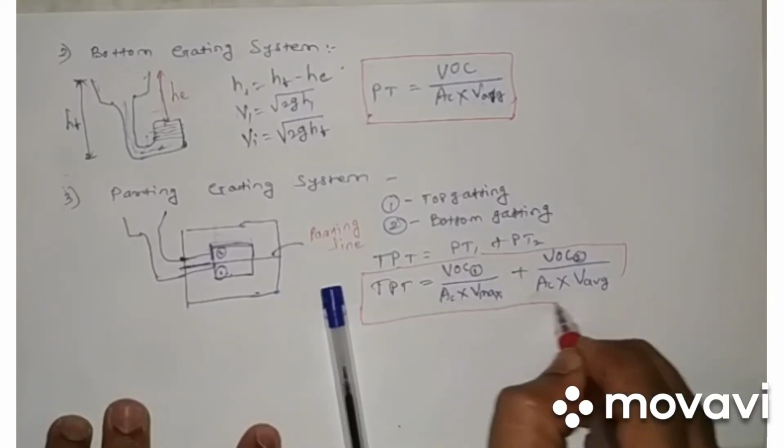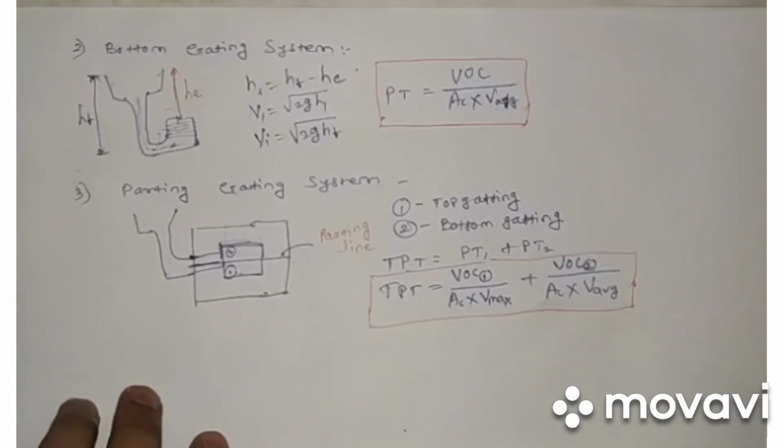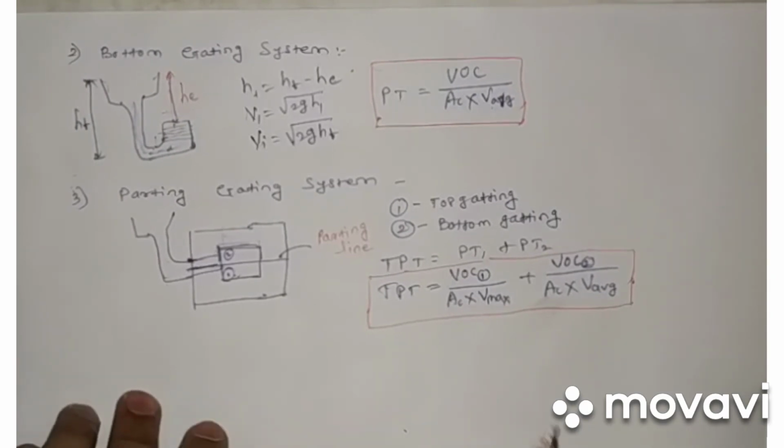So these are the basic gating systems which we have seen here, and how we can calculate the pouring time in these systems.